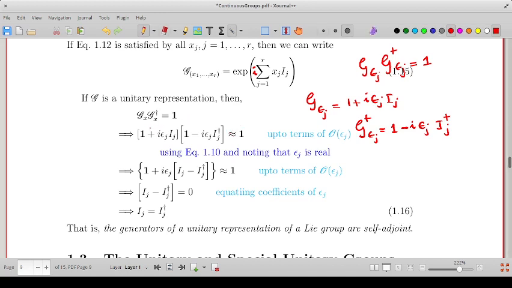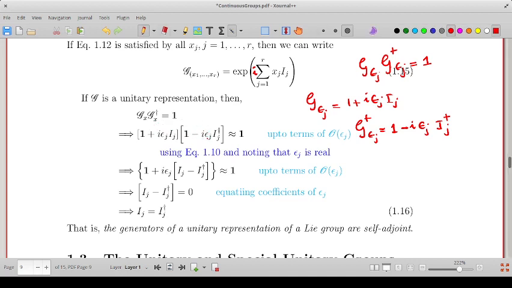Now I can take the product 1 times 1. Identity times identity is identity. Then the first order term in epsilon j. There is a term coming from this product, which is i epsilon j times ij times identity, which is ij. Now there is one more term of the order of epsilon j, coming from this product.